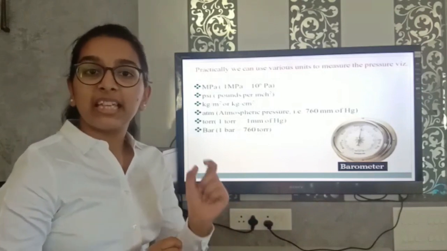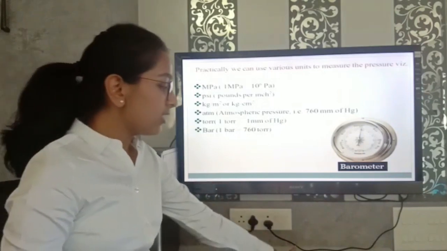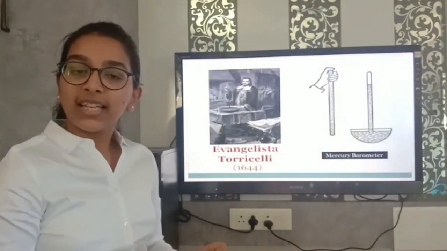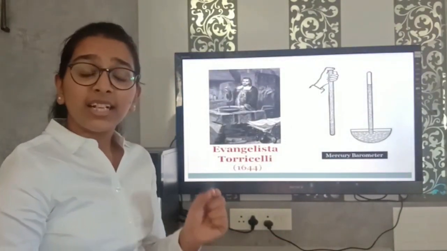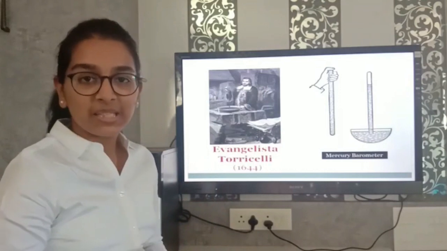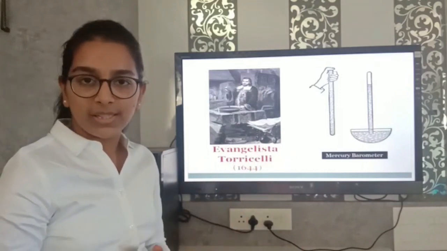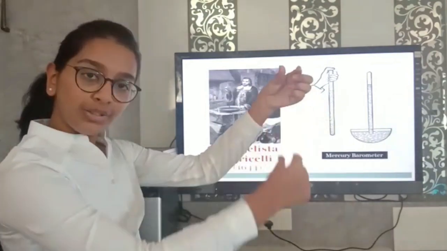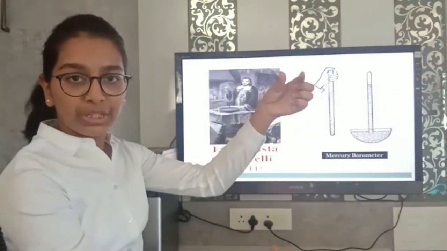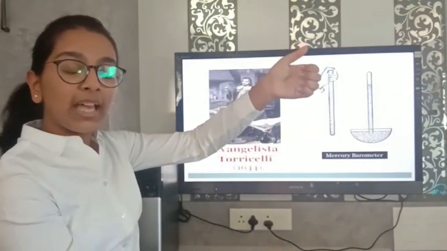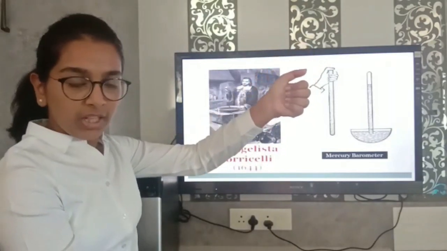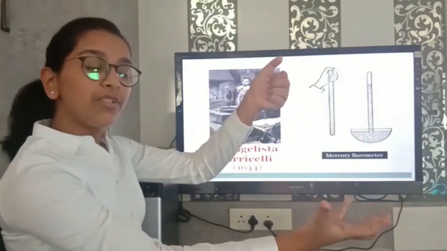Before Pascal gave his unit, there was another scientist named Evangelista Torricelli. He conducted a very interesting experiment in 1644. He made a mercury barometer. What was this? He took a long tube, filled it with mercury, and blocked the opening of the tube with his finger. He took another bowl filled with mercury.